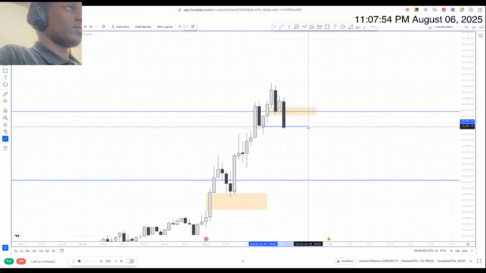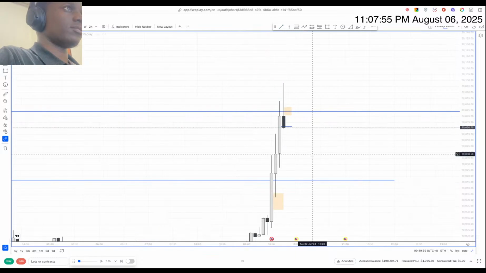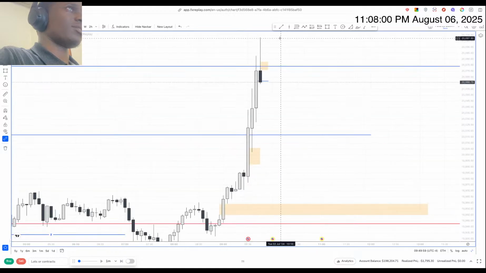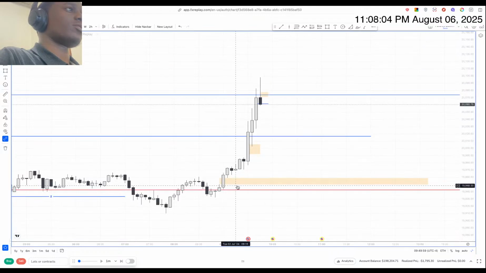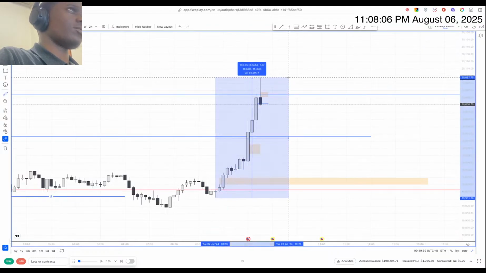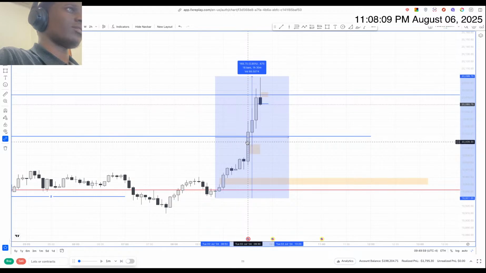So the 5. If it's to rebalance the gap, it will be at least here. I like to rebalance this whole move from here to here, but to rebalance it will at least return here.